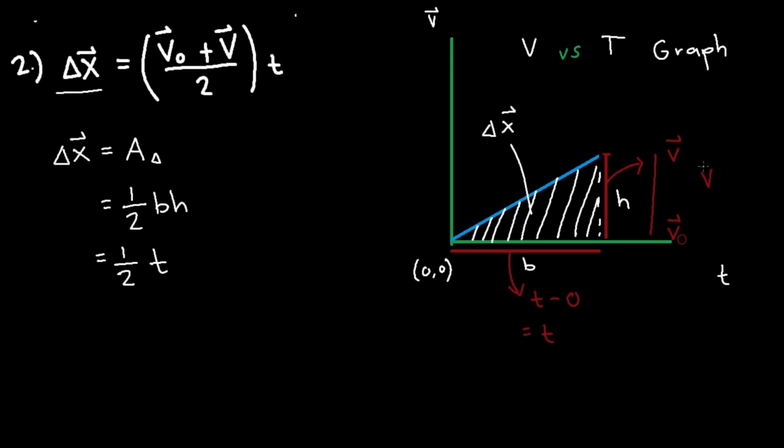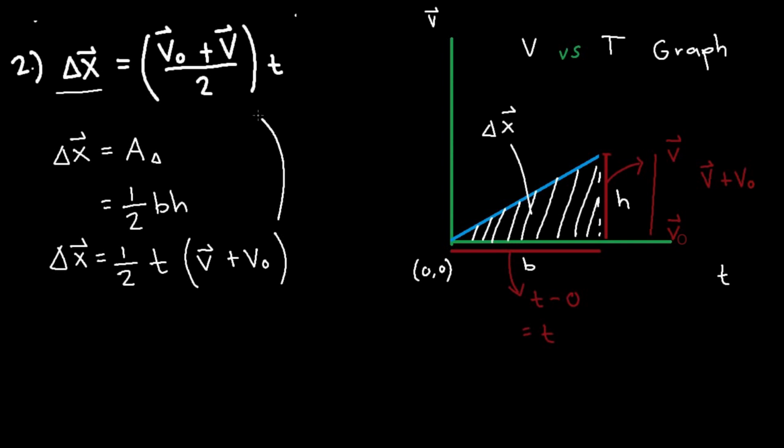So final velocity plus initial velocity. So therefore, mao na ni imo ang displacement which is equal sa area of a triangle kay triangle ang figure sa velocity versus time na graph.